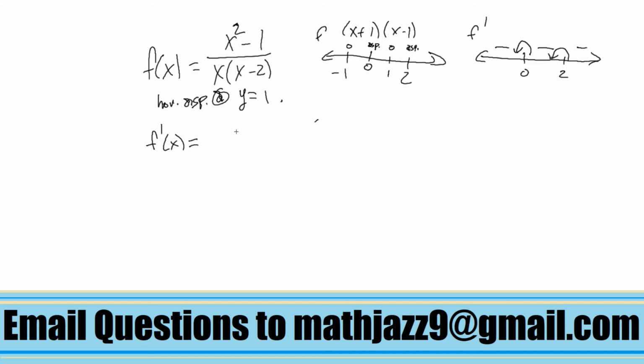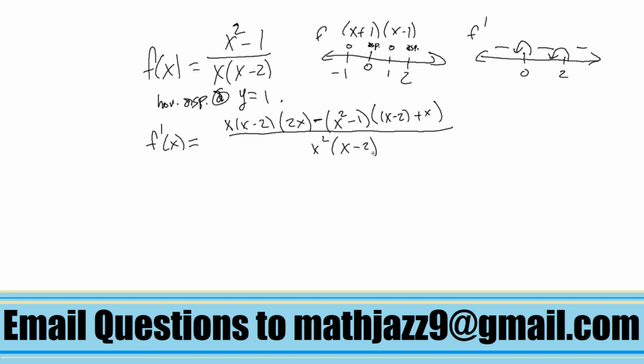So f prime of x equals the denominator times the derivative of the numerator minus the numerator times the derivative of the denominator, which is a product in this case. So we have the derivative of the first times the second, which is just 1 times (x minus 2), plus the first times the derivative of the second, which is 1 times x, all over the square of the denominator, x squared (x minus 2) squared.